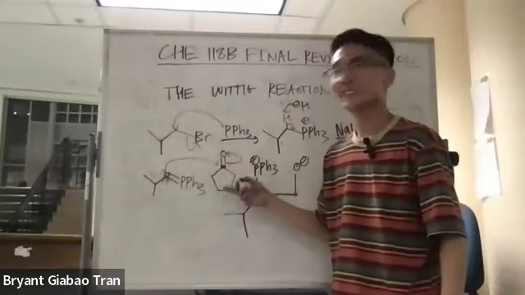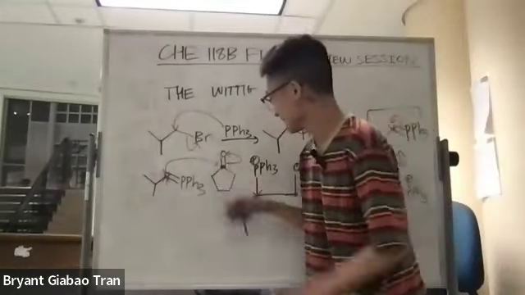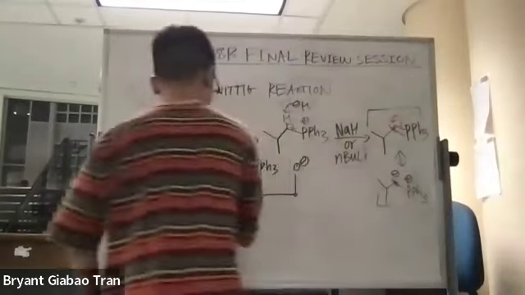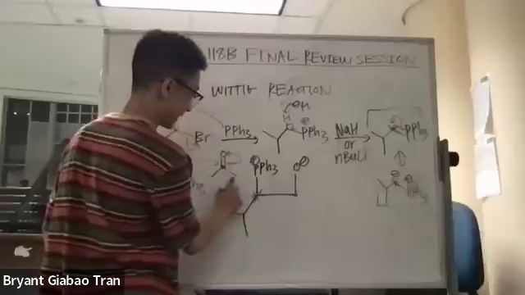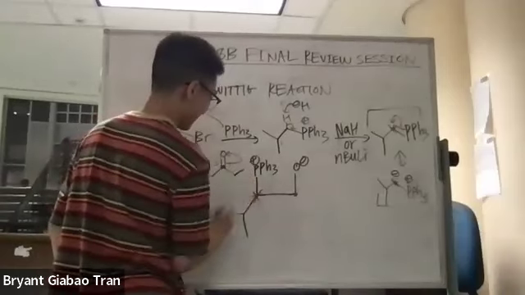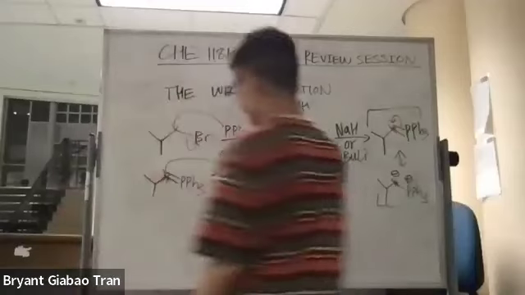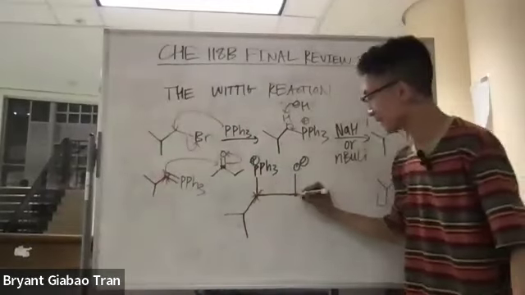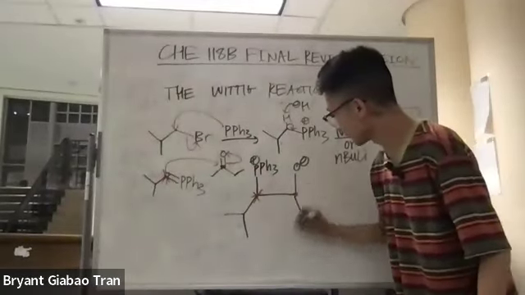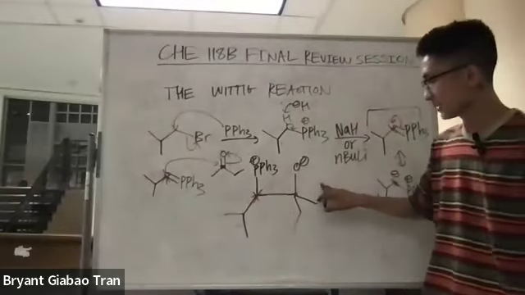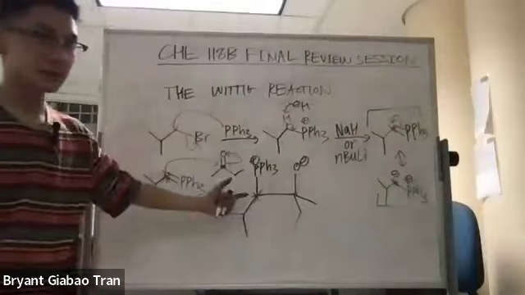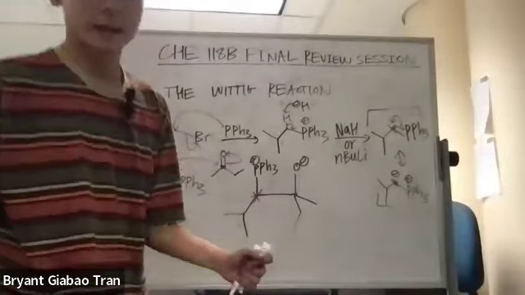Let me make this easy so we can see the Z alkene here. Okay, so that's the dot right there, which is attached to an ethyl group and methyl group right there. Think about the oxygen and phosphorus bond as very strong.